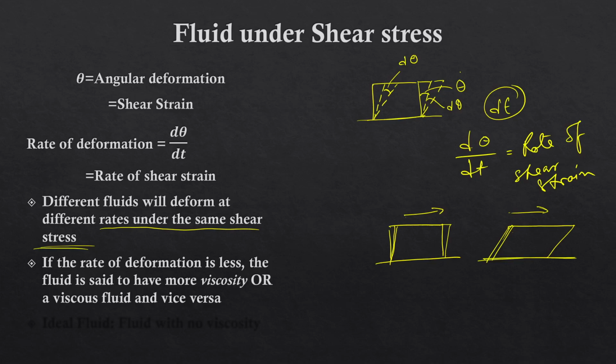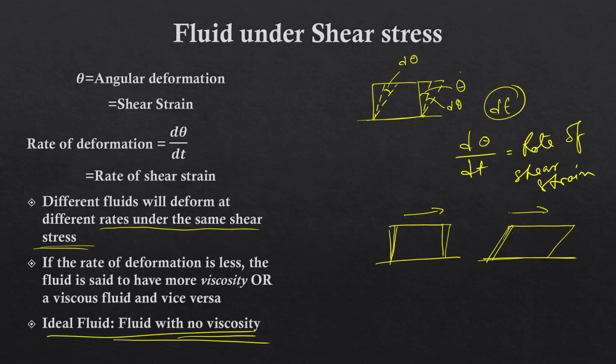Now, in some situations, we also use a term called ideal fluid. That means a fluid with no viscosity. In reality, all fluids will have some viscosity, but in some situations, all the other forces that govern the flow of fluid are so dominant that viscosity becomes almost insignificant, and therefore, in those situations, just to remove one of the mathematical parameters, we assume that the viscosity is of no importance.